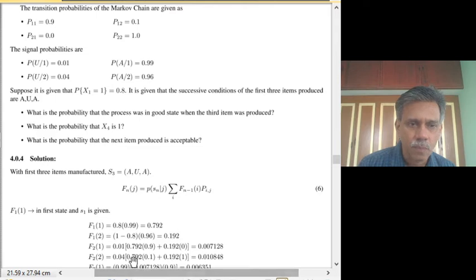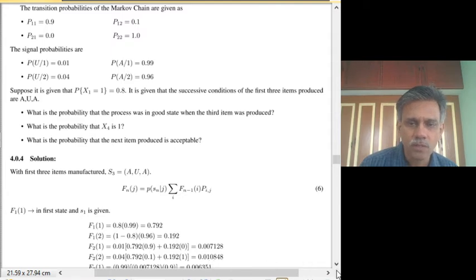So for 1 to 2, F11 is 0.792, and then P12 is 0.1, and here F12, where n is equal to 1, is 0.192 into P22, which is 1. So after computation you will get this.